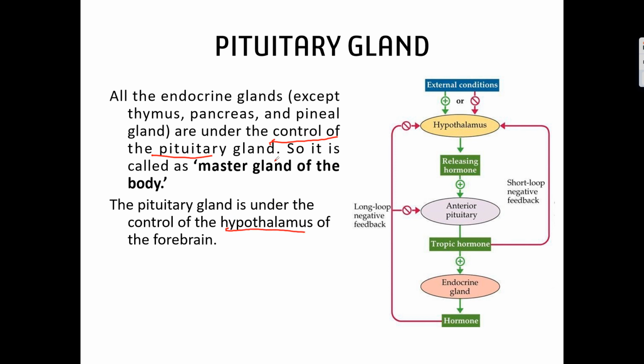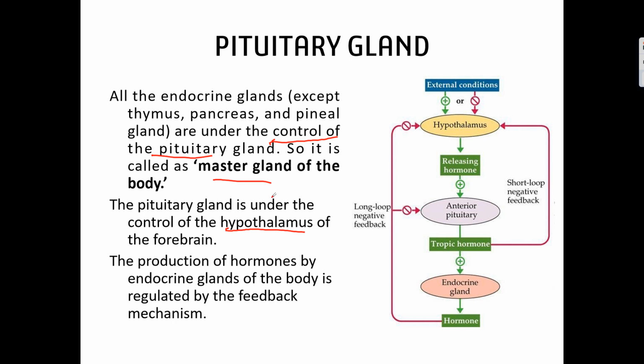Even this master gland of the body is controlled by another master, the hypothalamus. The production of hormones by the endocrine glands of the body is regulated by a feedback mechanism. Now let us try to understand this feedback mechanism.